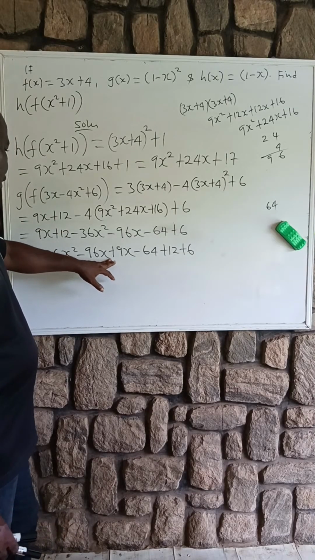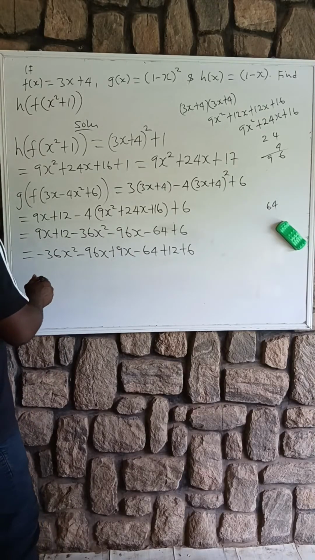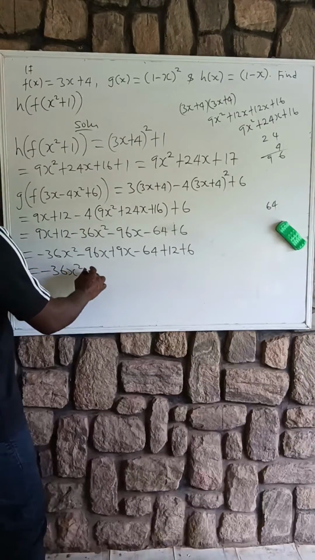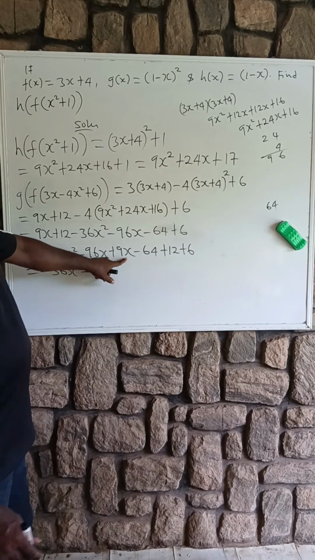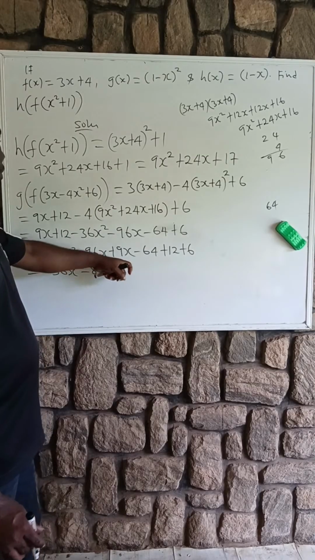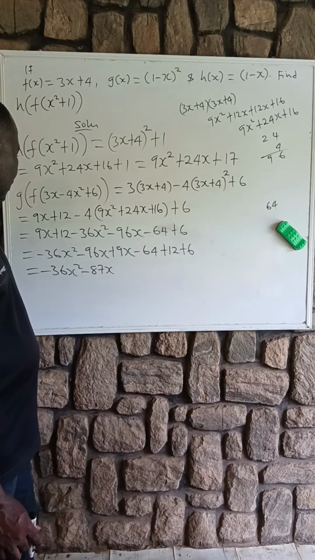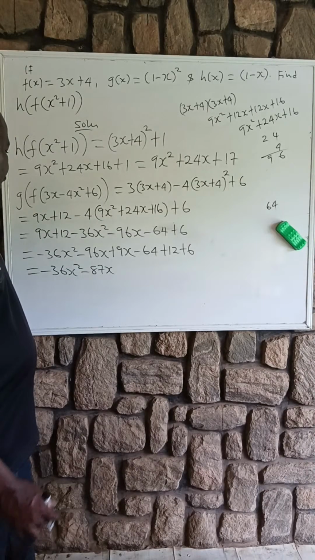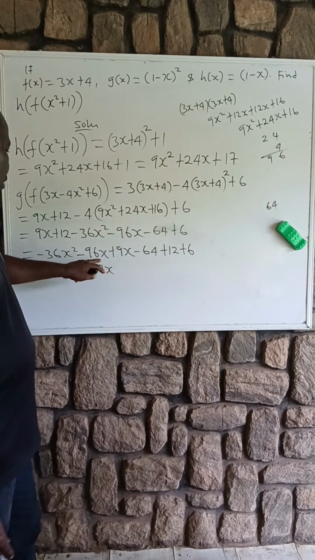So here we are going to have minus 87, right? Minus 36x squared minus 87x, minus 87x plus 9 will give us that. That is minus 87x minus 9x will give us this.